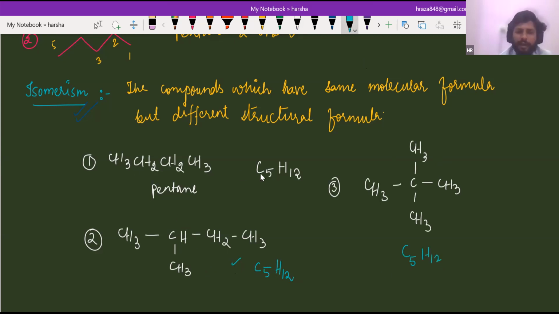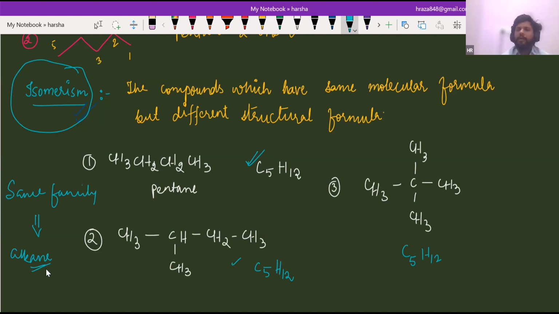So any compounds which have the same molecular formula and different structural formula, and belong to the same family, that is known as isomerism. Same family means, if I'm talking about alkanes, all are alkanes having the same formula but different structural formula. So this is what isomerism is. Is there any doubt in this?